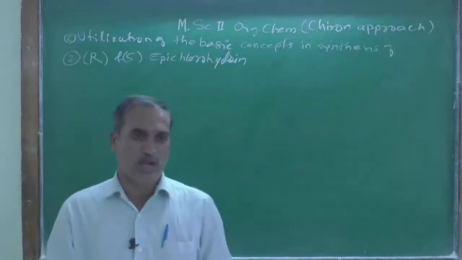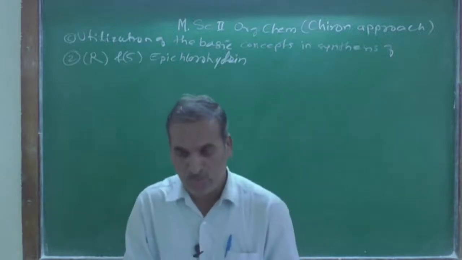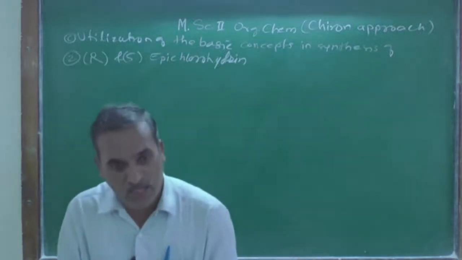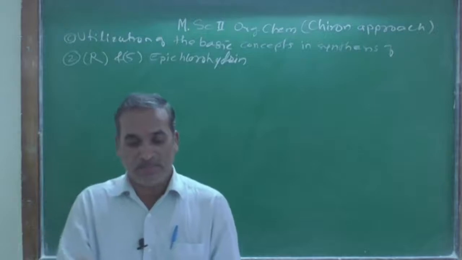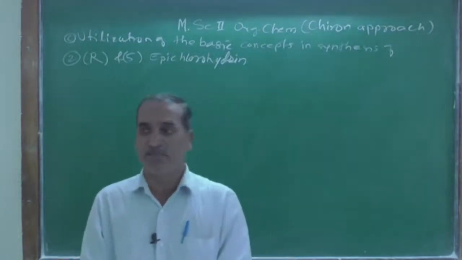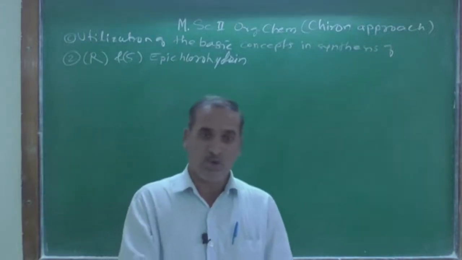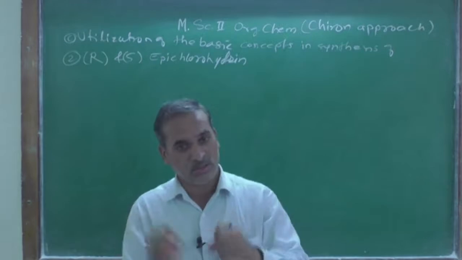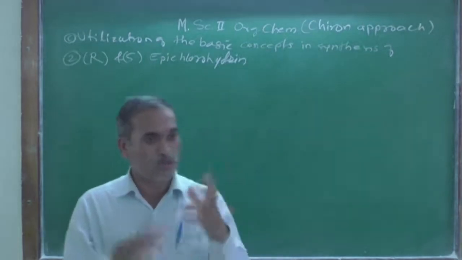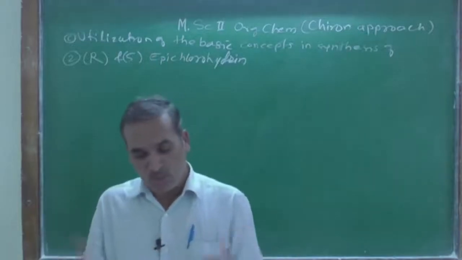Tosyl chloride is one of what we can call a protecting group. It protects the primary alcohol, and here specifically the primary alcohol is converted into OTs.